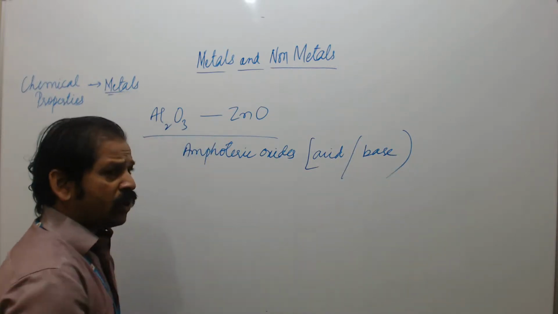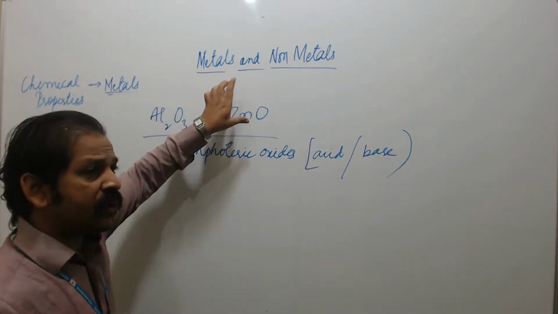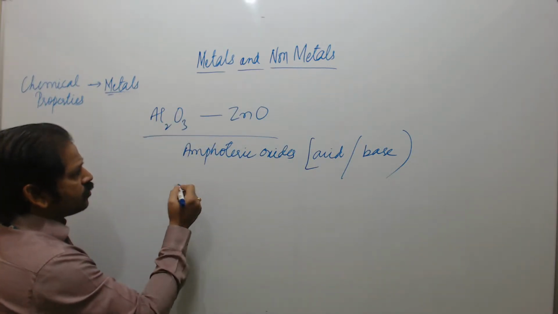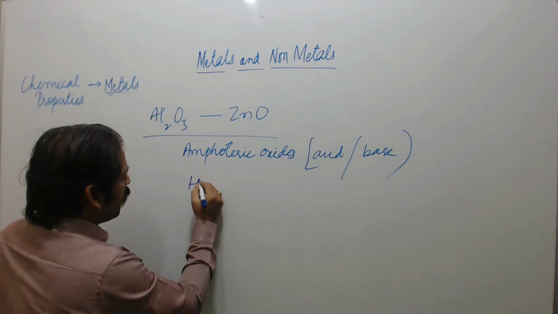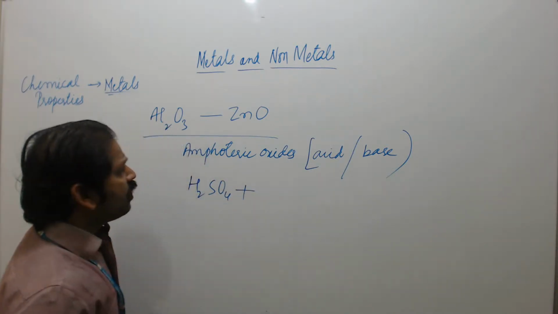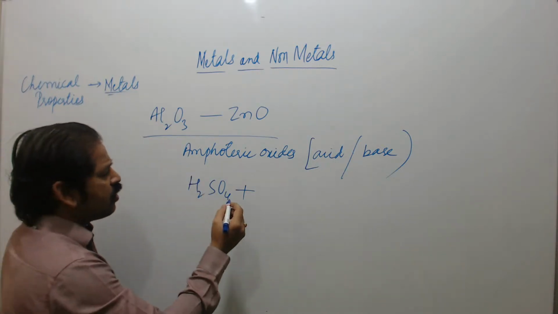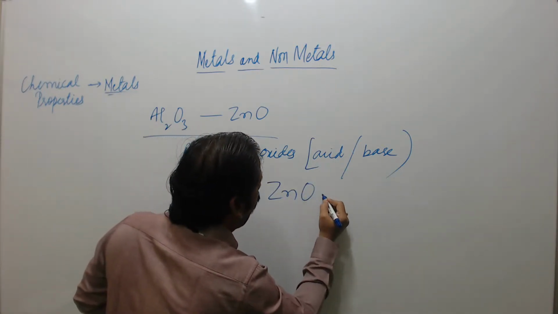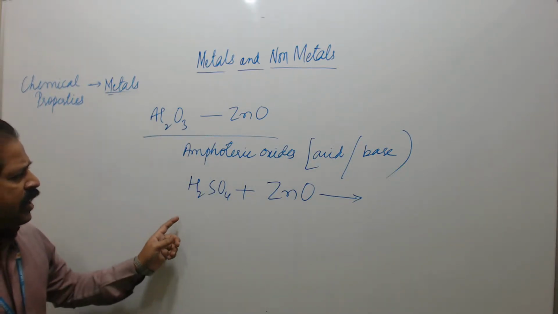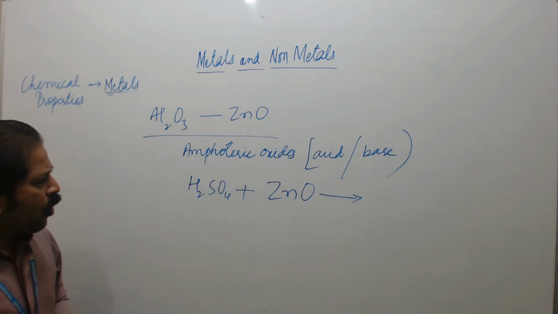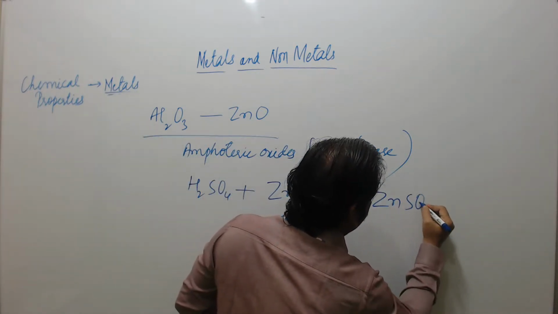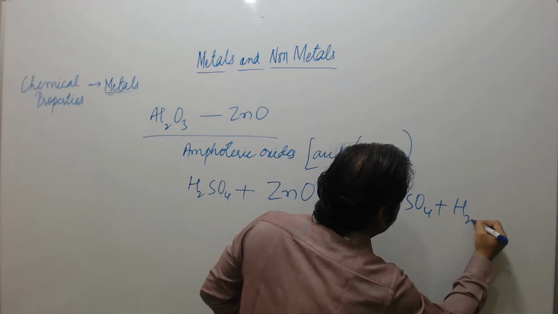For example, take zinc oxide. We'll go for sulfuric acid. Sulfuric acid reacts with zinc oxide to form zinc sulfate plus water.